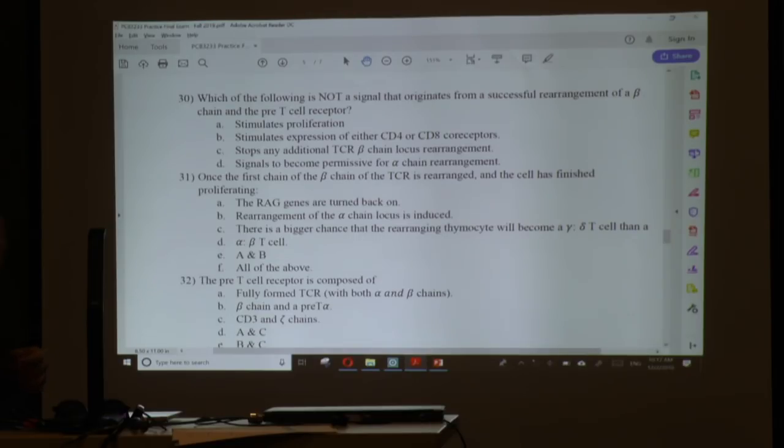Just to give you a quick recap, remember, you begin with a stem cell that goes from the bone marrow to the thymus. Then in the thymus, the stem cell, which is uncommitted, receives Notch 1. And because of Notch 1, it turns into a committed progenitor cell, right? So it goes from being able to turn into whatever blood cell into a cell that is committed now to differentiate into a T cell.